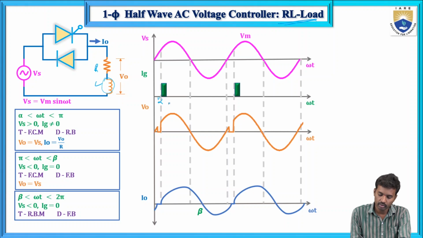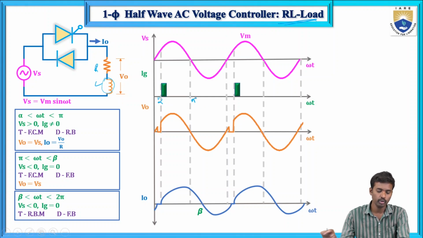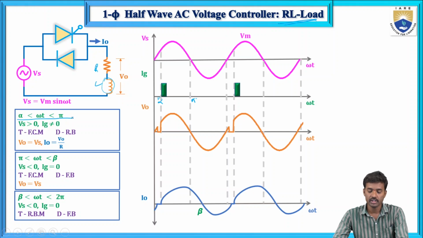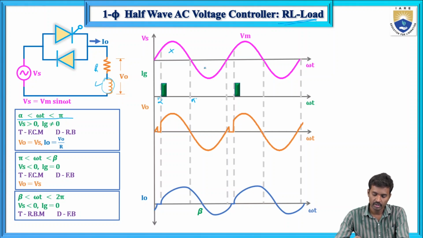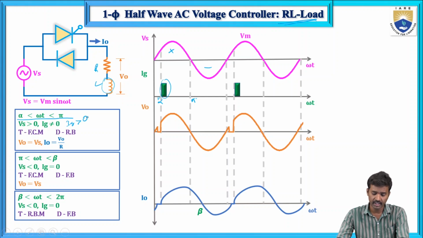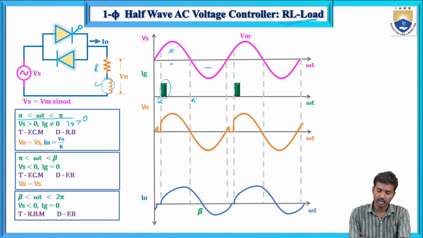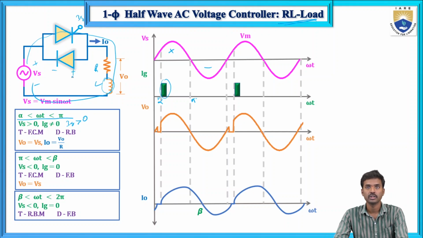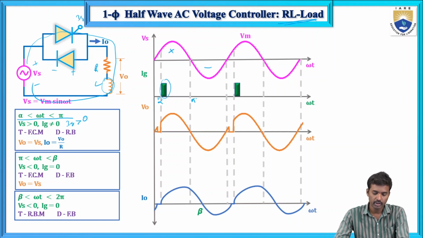So first, alpha to pi. From alpha to pi, the supply voltage Vs is positive, and from pi to 2 pi the supply voltage is negative. When the supply voltage is positive and we give the gate pulse Ig greater than 0, this thyristor will conduct, and the diode is in reverse bias.